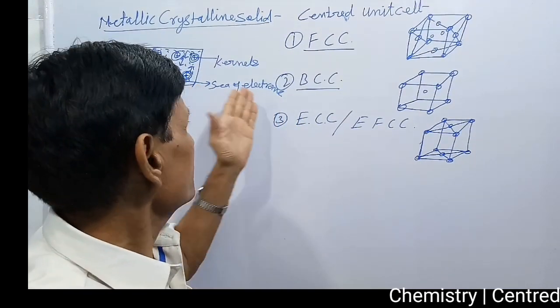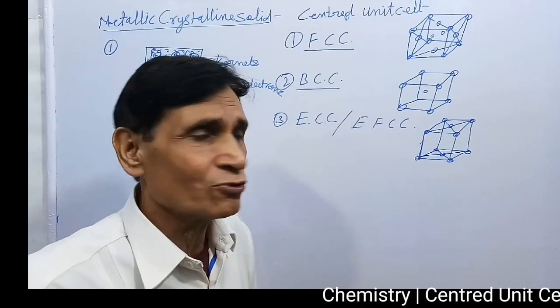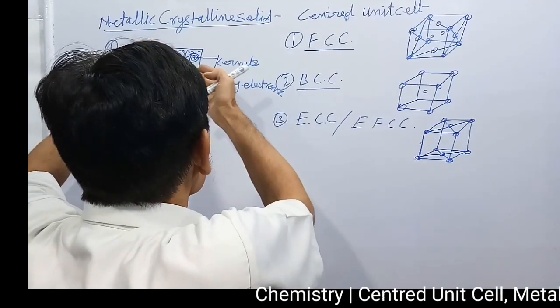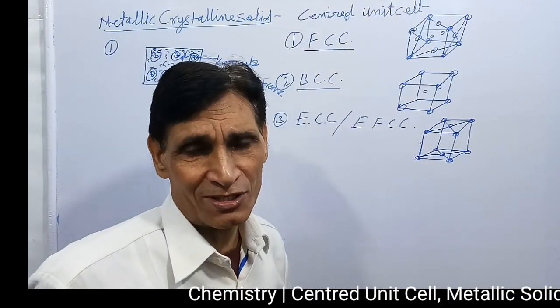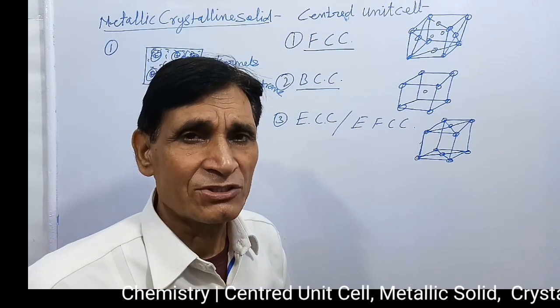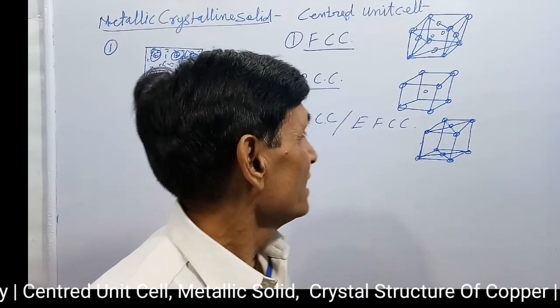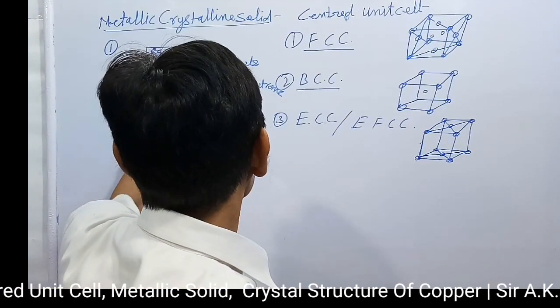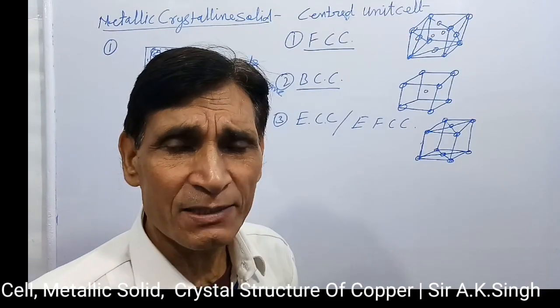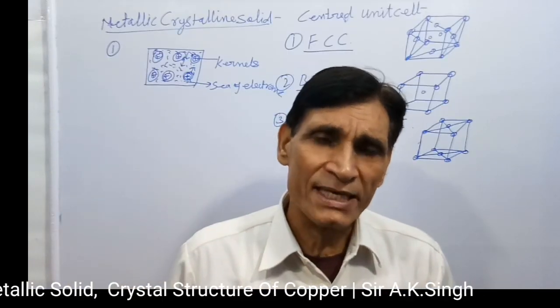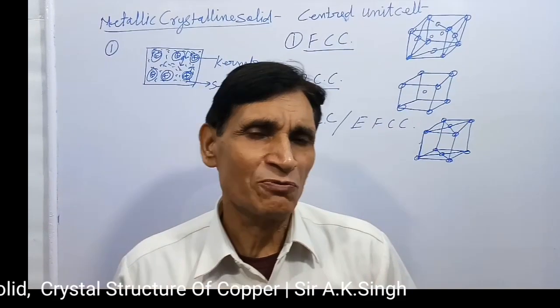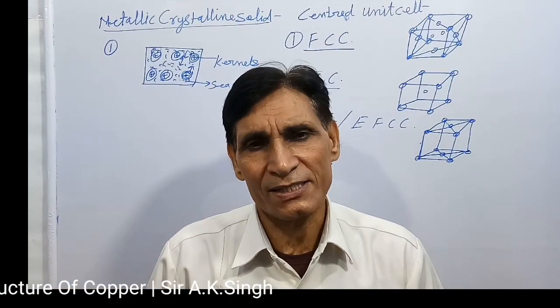These are called the sea of electrons because they can flow through the space between the kernels throughout the crystal, just like water flows in the sea, hence the name. Third point, the force holding these kernels together is called the metallic bond. This is an electrostatic force of attraction between kernels and the sea of electrons.